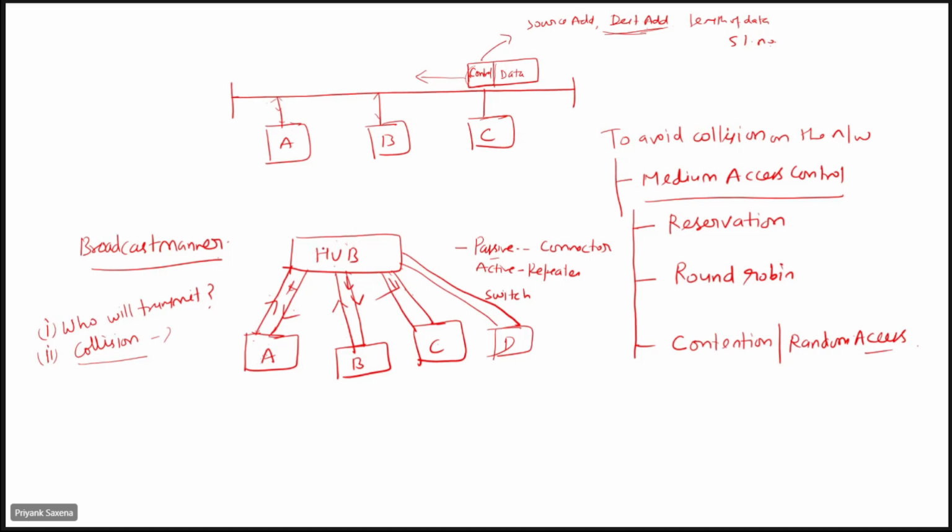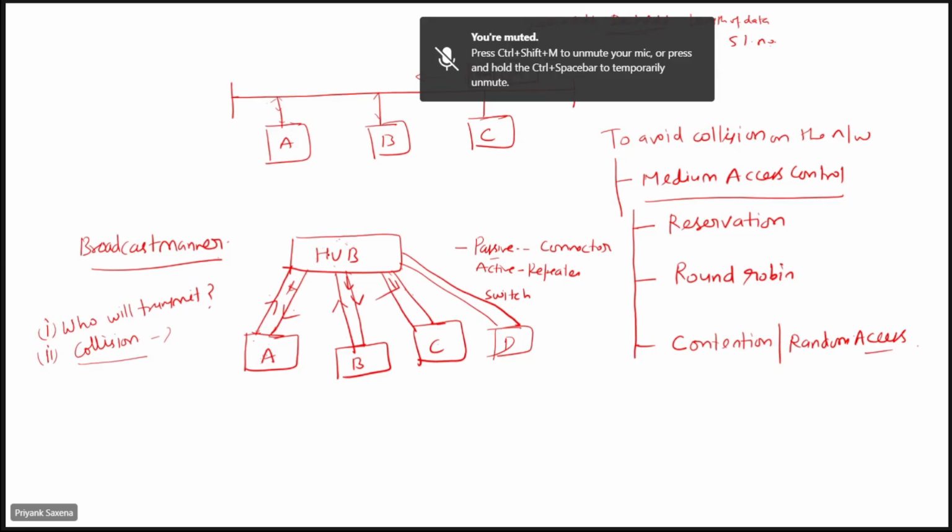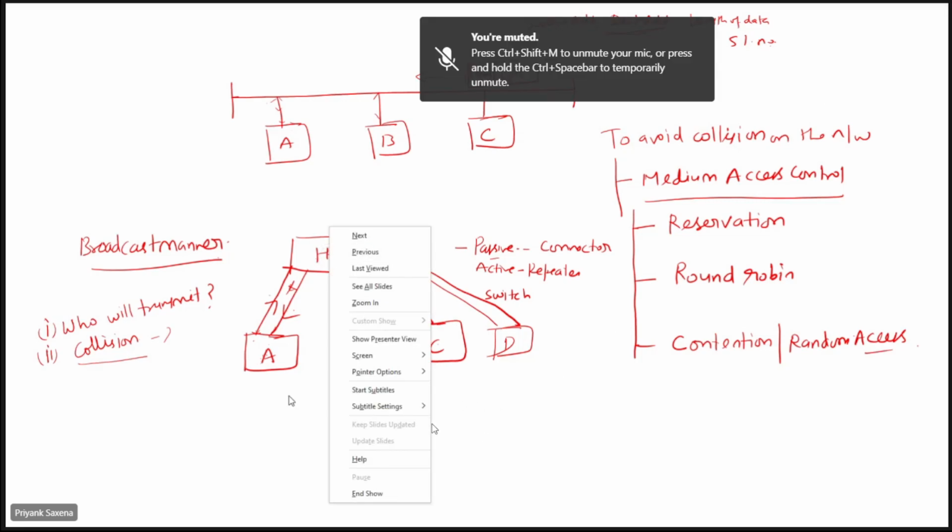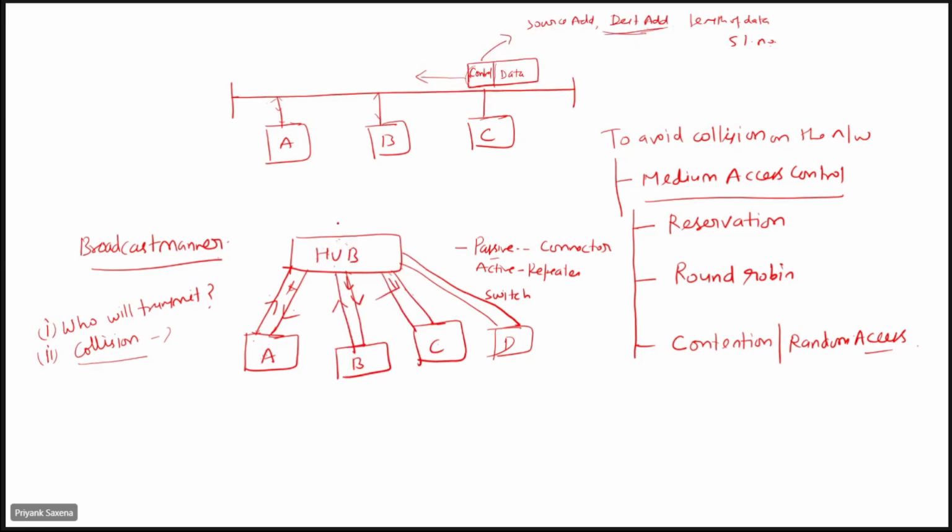Suppose A has transmitted to the hub and C also has transmitted to the hub, then the collision may occur inside the hub, right? That is taken care of by some collision presence signal, and we will see how this collision is avoided. So to some extent we have provided a bidirectional path, one for transmission and one for reception.